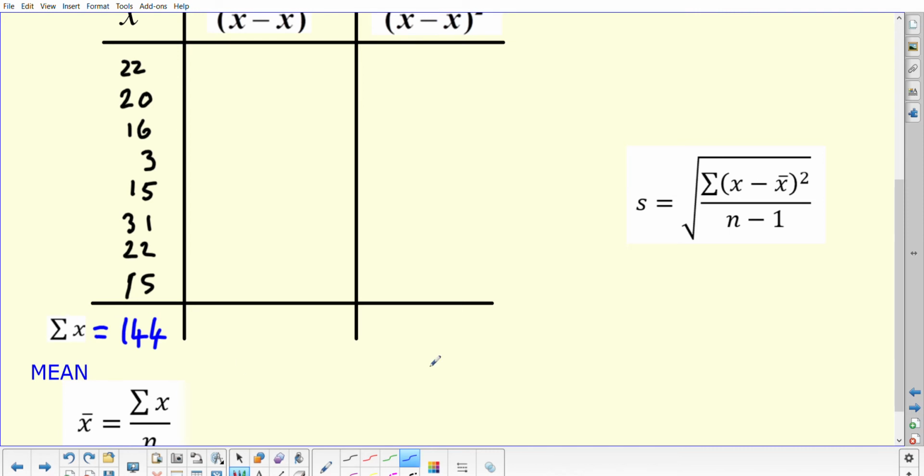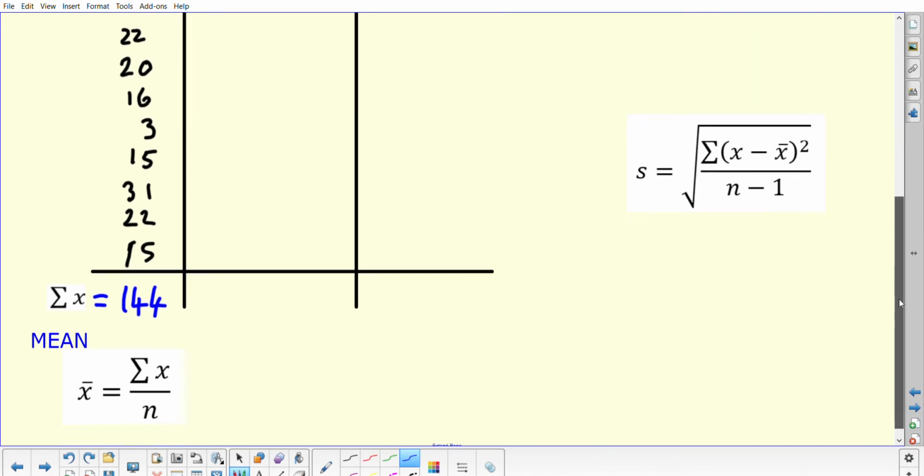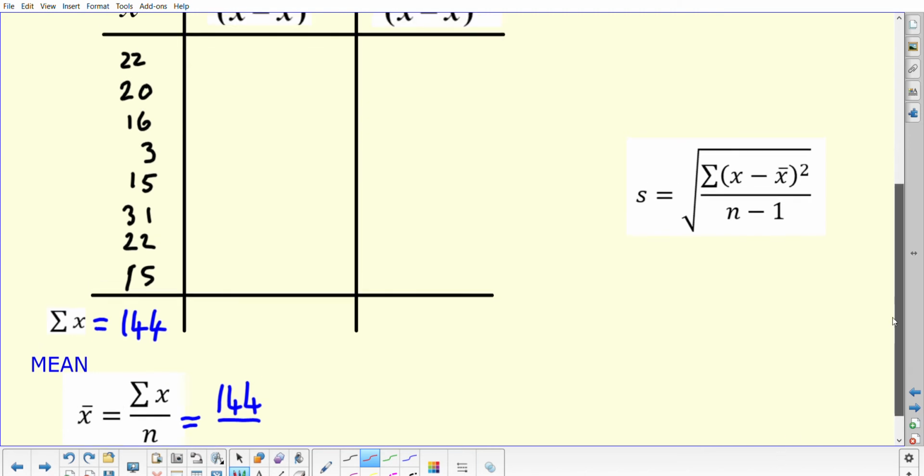In order to get the first mark in a question like this, you need to have worked out the mean, and the notation that we use for the mean is an x with a little bar above it. What you're putting in here is that 144 on the top, so sigma x, the sum of all the x's. Now what the n refers to is how many data points you had.